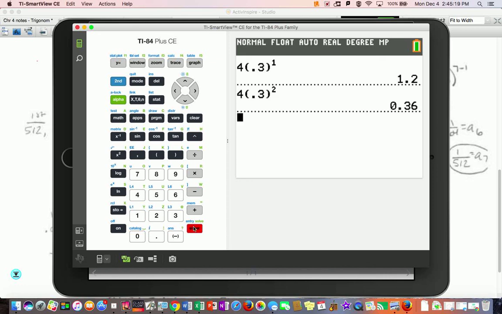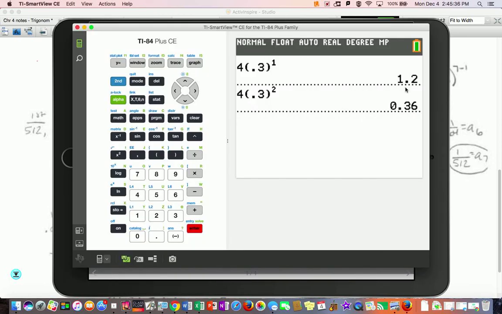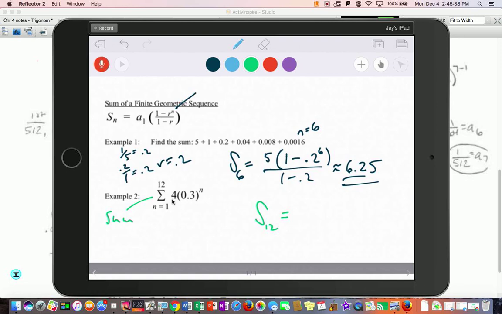So I'm just putting these numbers in. 4.3, start at a 1, then a 2, and then a 3. But what you're seeing when you do this is that the first term is 1.2. A lot of students will say that the first term is 4. But that's actually, in this format, a sub 0. So the first term was 1.2.